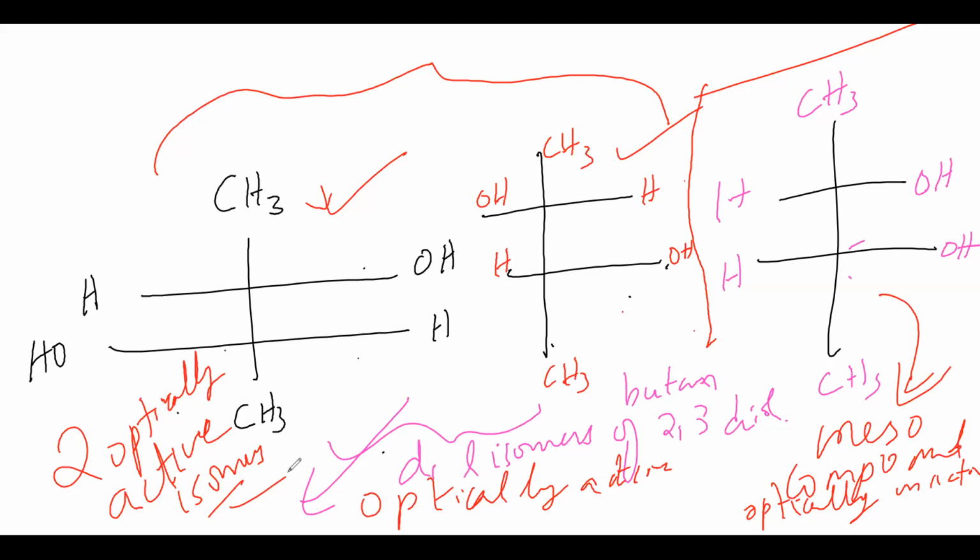J. Weber, you are very correct. If you just want the number of chiral centers, let us take this meso compound. I think one of my students asked me this doubt.